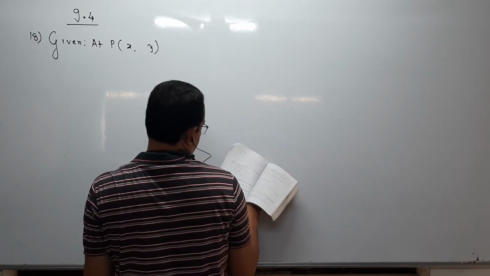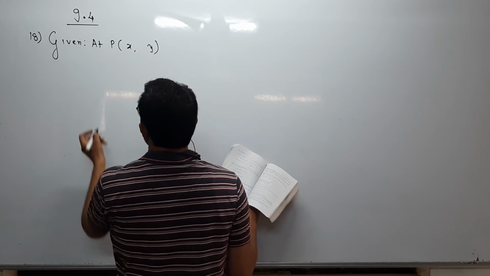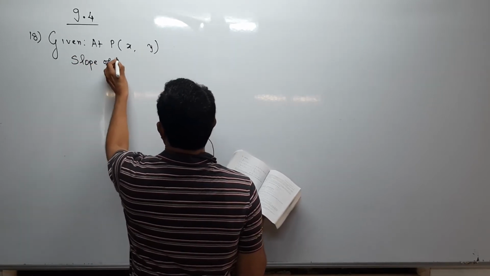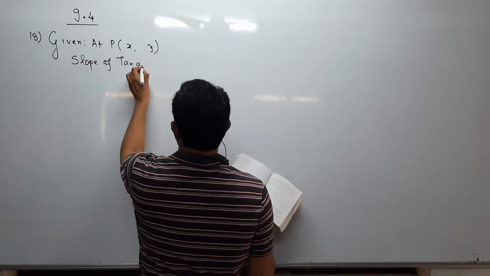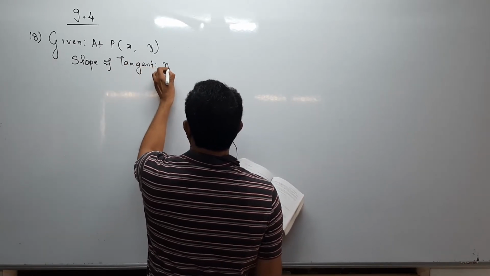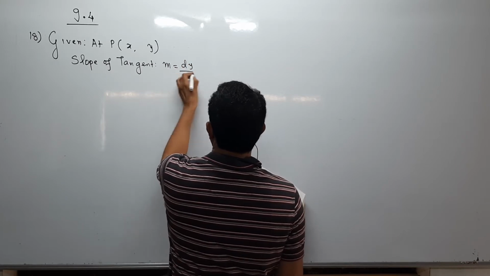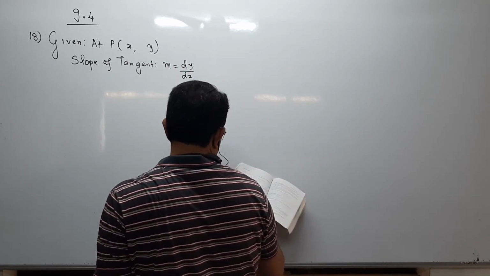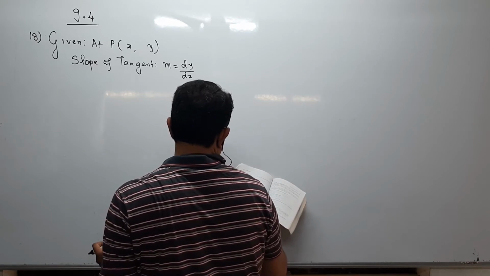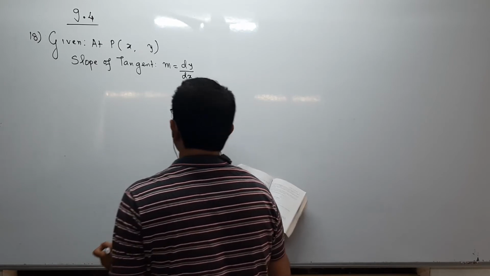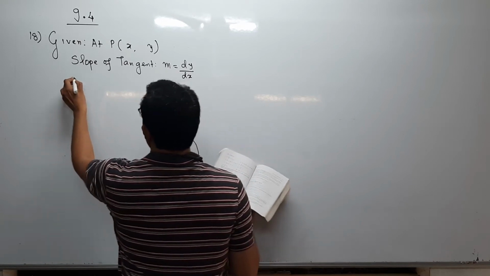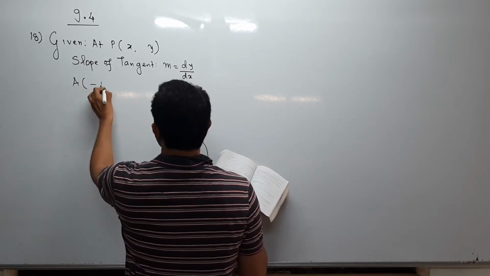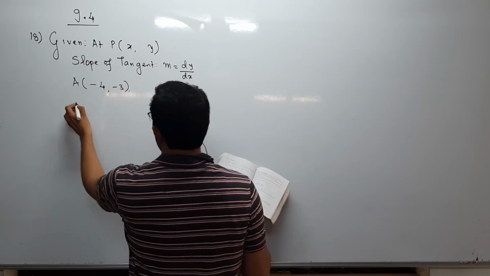Slope of tangent is m, and that is dy by dx. Slope of tangent is twice the slope of line segment joining point of contact to the point A. Now another point is A, which is say minus 4, minus 3.